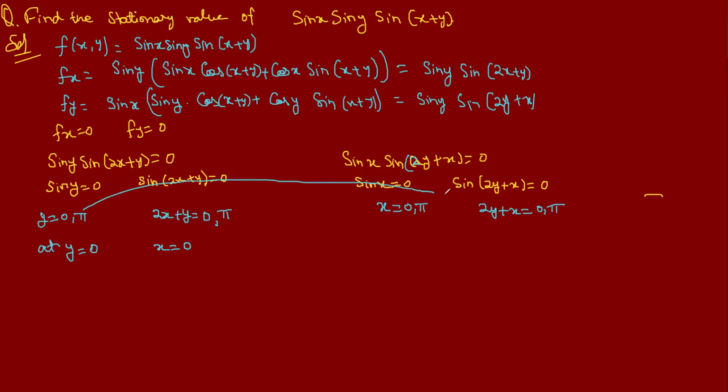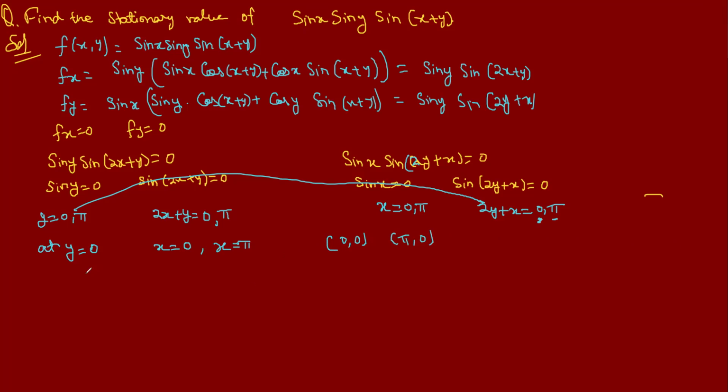And when y is equal to 0, put it here, what will you get? x will be pi, right? One time you will get 0 and one time you will get pi. So the two points you have are (0, 0) and (pi, 0).